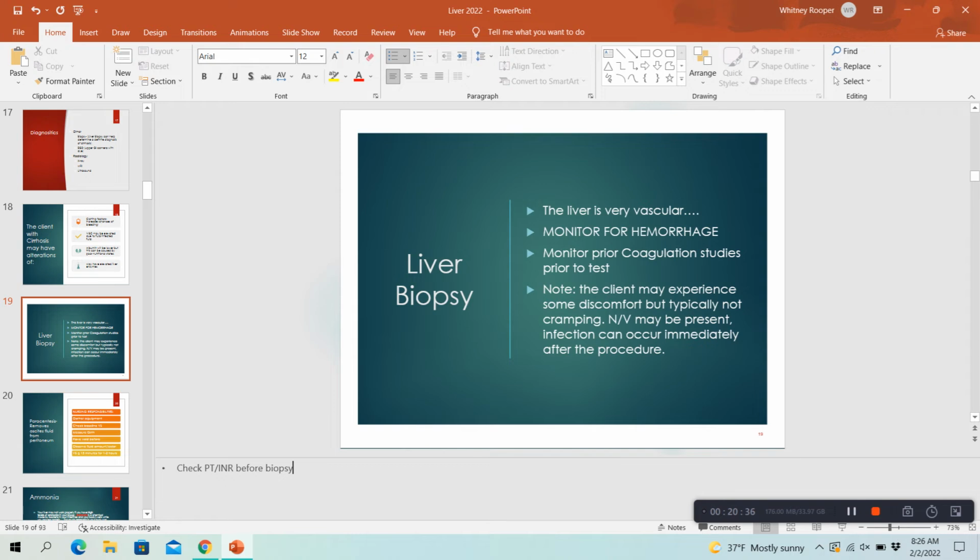After the biopsy, they may have a little bit of discomfort, but there should not be cramping. They should not have severe abdominal pain after a liver biopsy. And these guys are at very, very high risk for infection after a procedure.